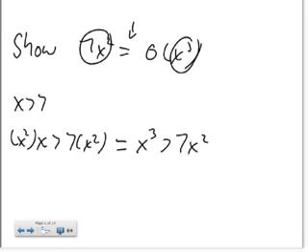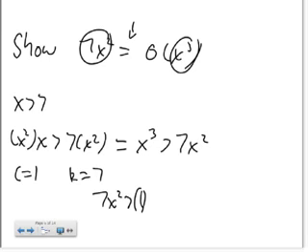So this shows you that if you pick your two constants, c and k, as 1 and 7, then 7x squared will be less than your constant c, which is just 1, times x cubed for x greater than 7, where 7 is your k.